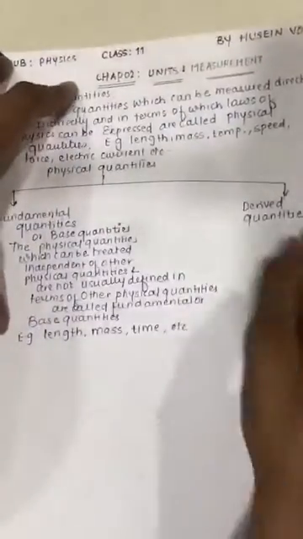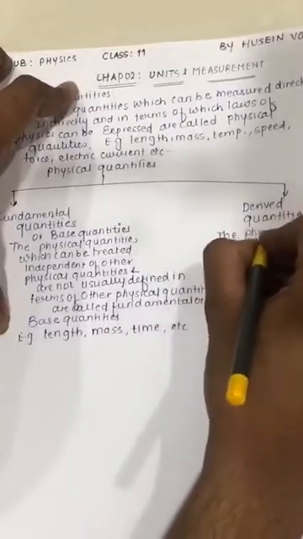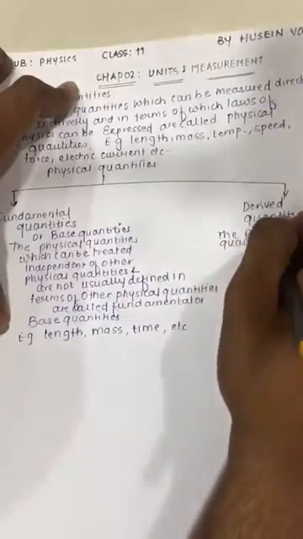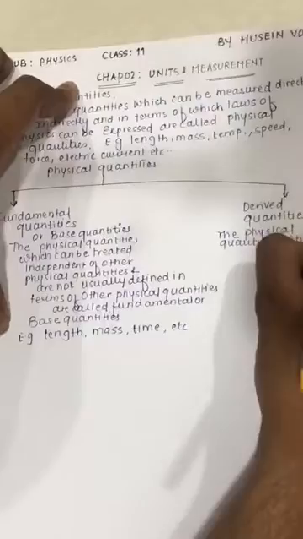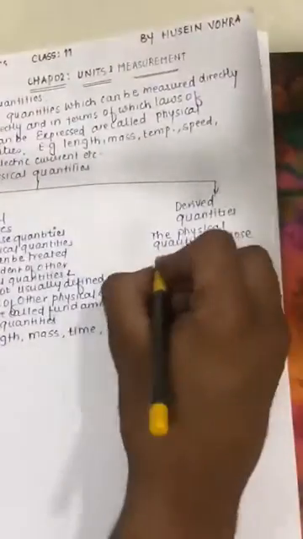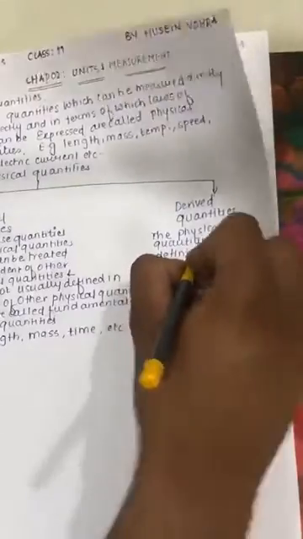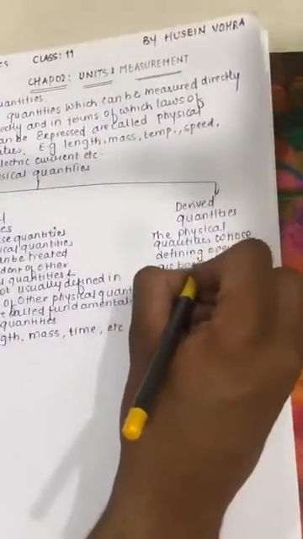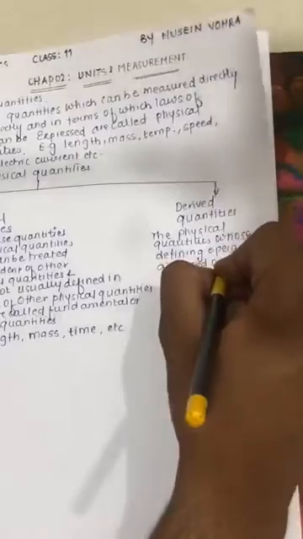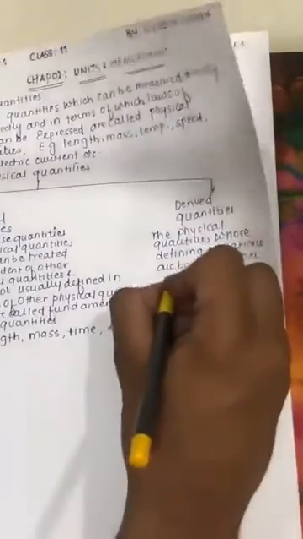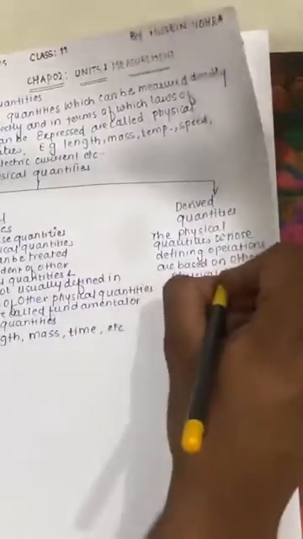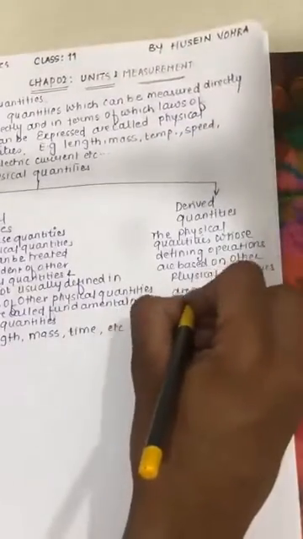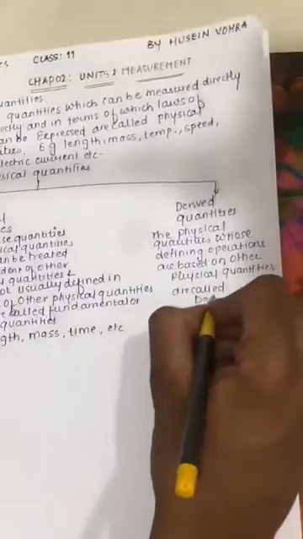The physical quantities whose defining operations are based on other physical quantities are called derived quantities.